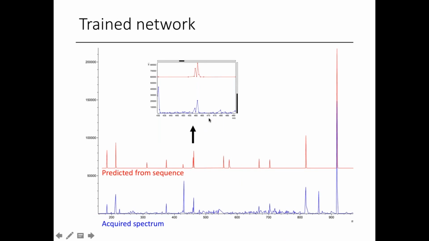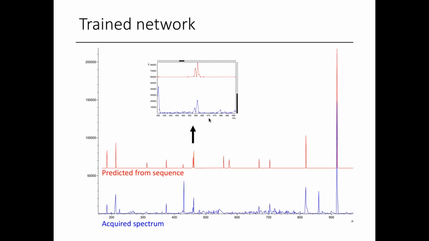Okay, so here's the result. In this slide, the red one is the predicted spectrum from the sequence, and the blue one is the actual acquired spectrum.